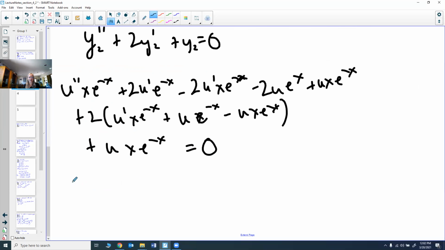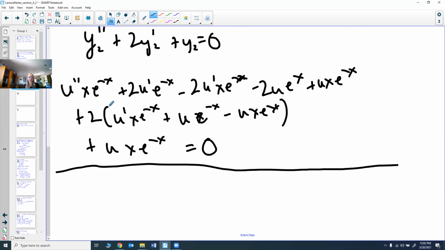So now let's go ahead and collect like terms. This is where I think I'm collecting like terms and where they're going to be. So I have a u double prime. I'm not going to have any other u double prime. So we have u double prime x e to the minus x. I have a 2u prime e to the minus x. I have a minus 2u e to the minus x.